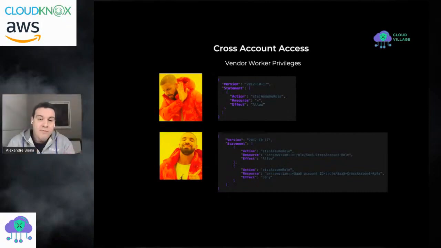So that second version is allowing you to do STS assume roles only to roles, in that case called SaaS cross-account role. You can choose whatever name you want. But on any account other than your own account, right? And so that would prevent you from over-privileging your workers and allowing an attacker or a malicious insider to do a privilege escalation. So that's really important to keep in mind.